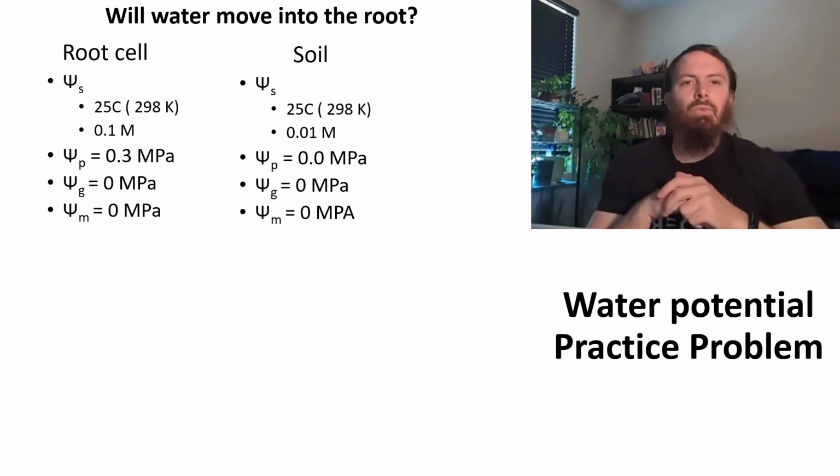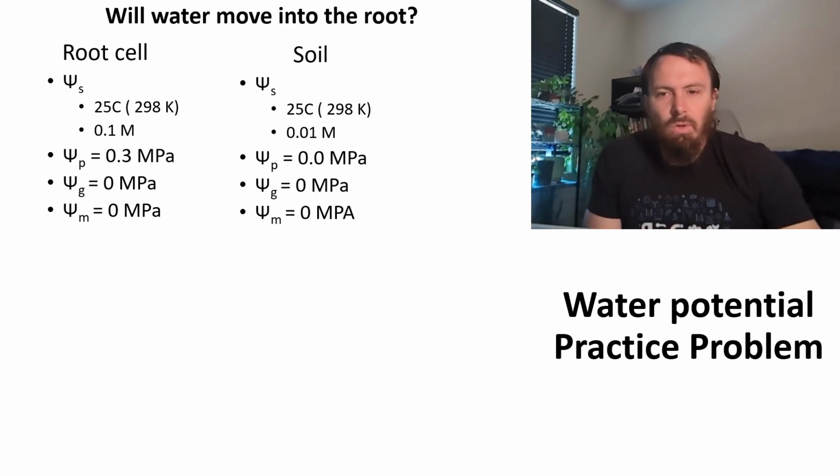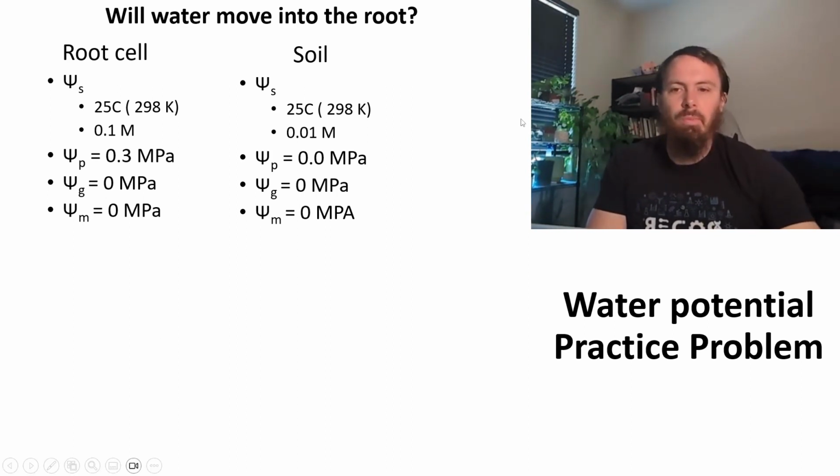Okay, so we're just going to go through a practice problem here. And there are going to be practice problems in Canvas as well. The goal here is to determine whether or not water will move into the root. So we have root cell measurements and soil measurements. For the root cell, the solute potential we don't know, but we do know that it's at 25 C, so 298 Kelvin, and it has a molarity of 0.1.